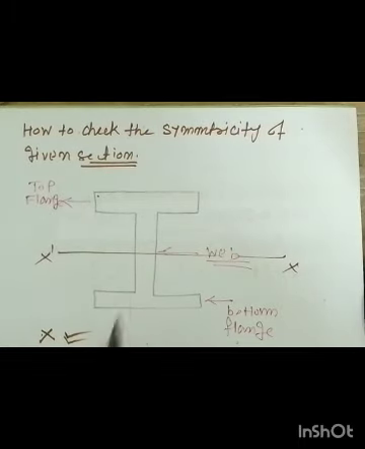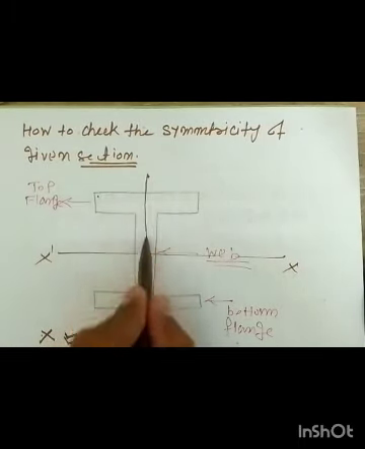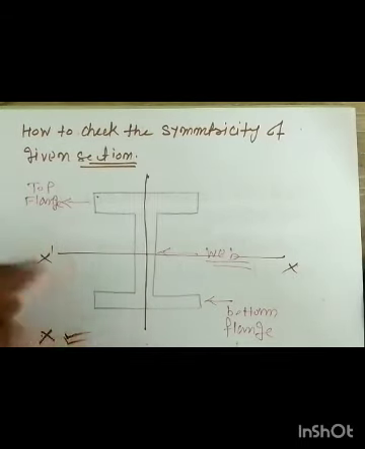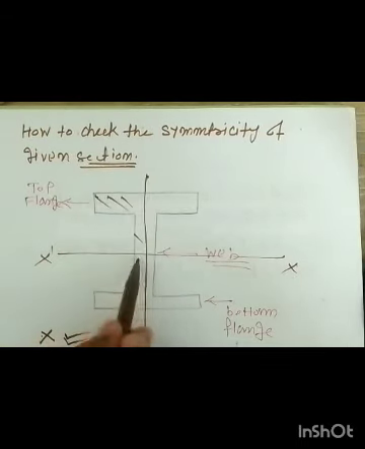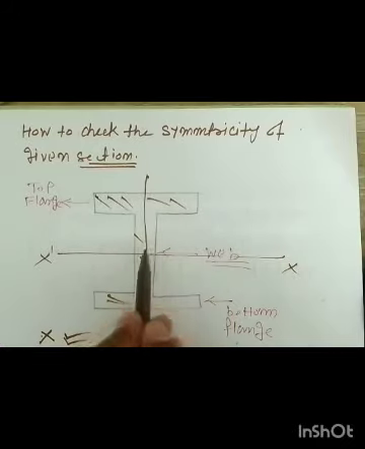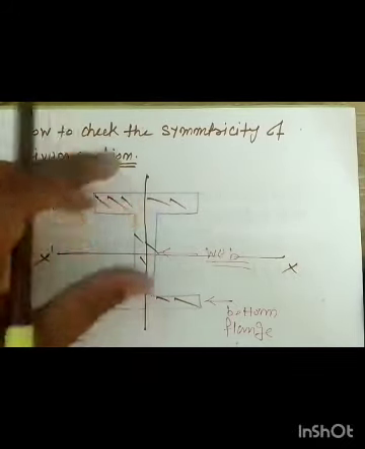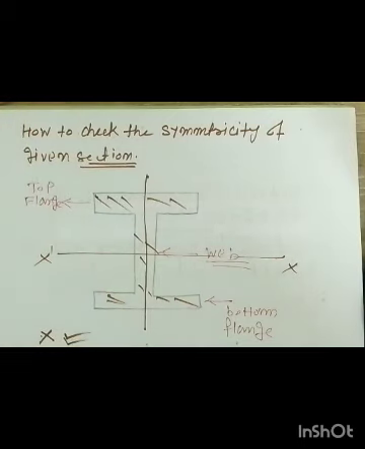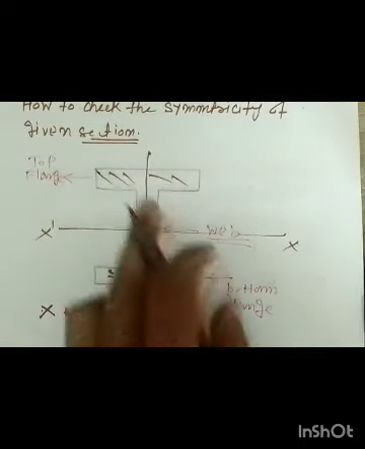Now if I cut like this about the vertical axis, you'll get two parts, which I am shading. If you find that these two parts after splitting about the y-axis also have equal weight, it means this is also symmetrical about the y-axis. How can you know that?